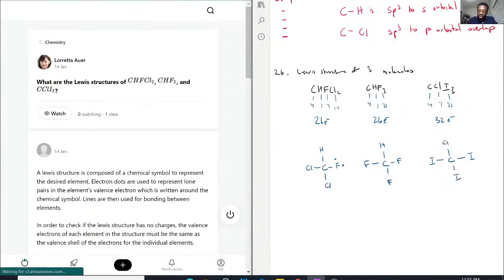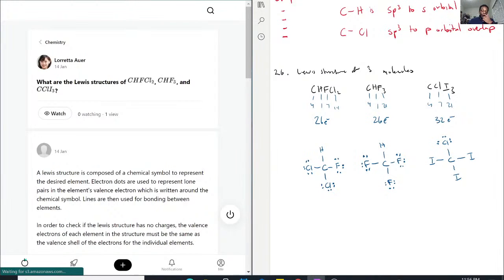So each fluorine gets 2, 3, 4, 5, 6, 7. The chlorines are all sharing the same thing, one of their 7, so each gets 2, 3, 4, 5, 6, 7.